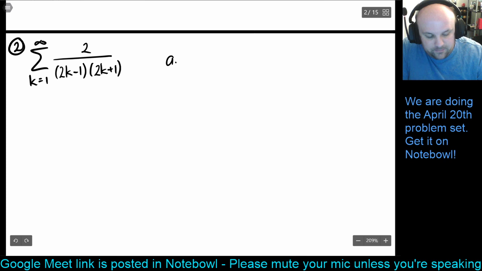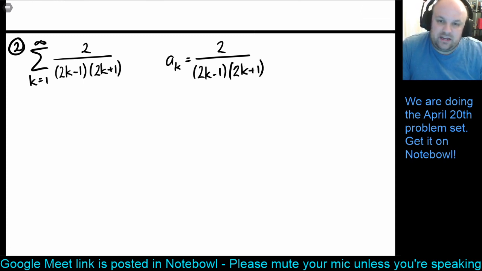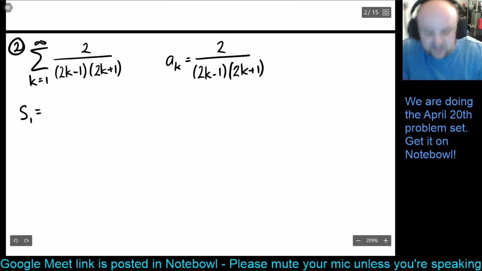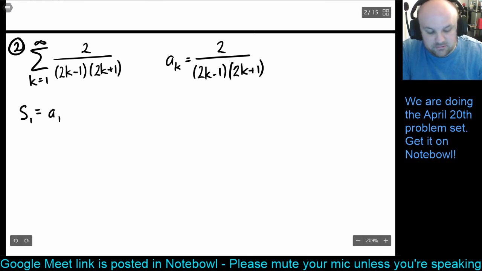All right, so here, A_k is going to be this stuff in brackets that we're adding up here. Right? So that's our A_k, and now S1 is just going to be the first term. So in this case, it starts at k equals 1, so S1 is A1.